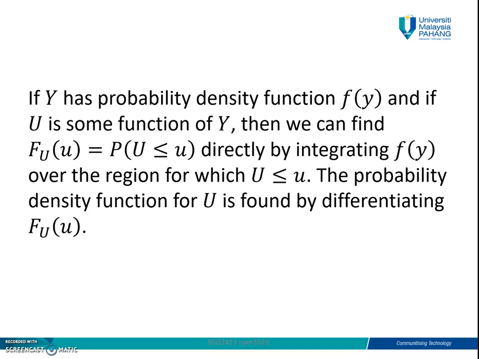Now we look at an example. Before the example, here is the info: if Y has probability density function f_Y, and U is some function of Y, then we can find F_U directly by integrating the density function over the region U less than small u. The probability density function for U is found by differentiating F_U.